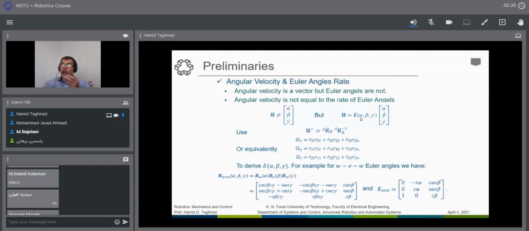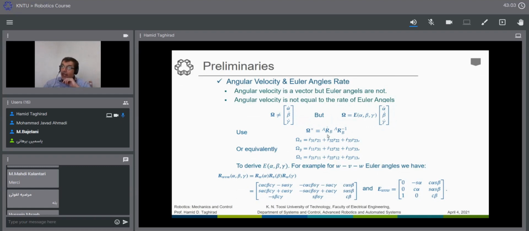So for any type of Euler angle, and we have 24 different types of Euler angle, we can find a rotation matrix. If we have the rotation matrix, the inverse is very simple, it's just a transpose. And also the derivative is just the term by term derivative of the angle that we have. Cosine of alpha, for example, becomes minus sine of alpha times alpha dot, and something like that.